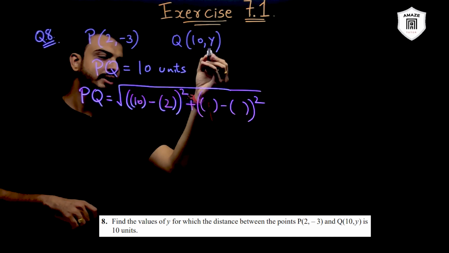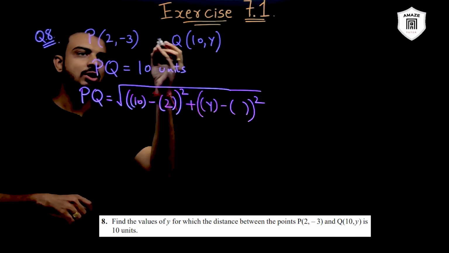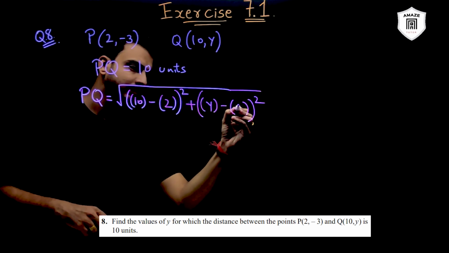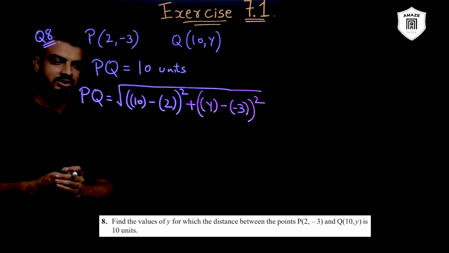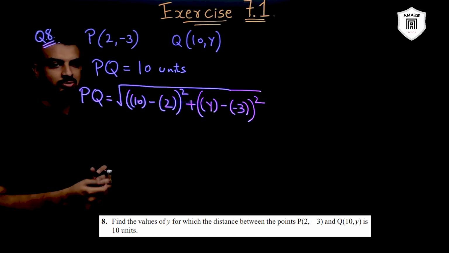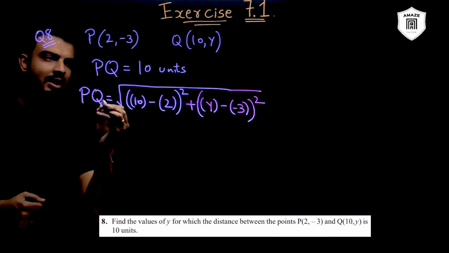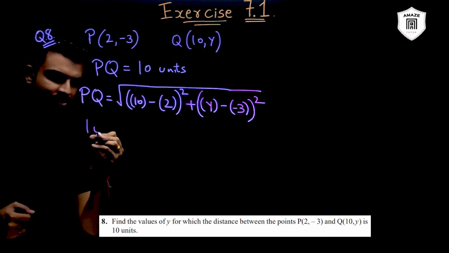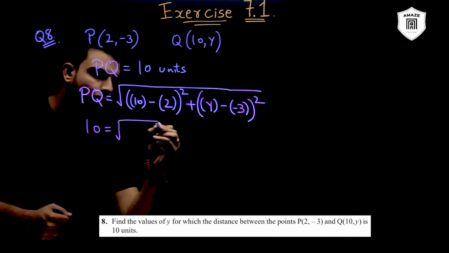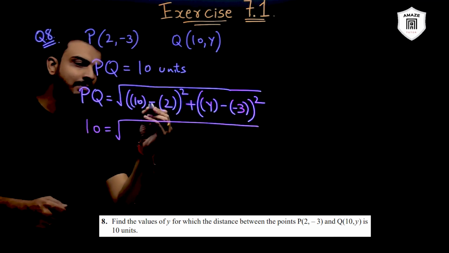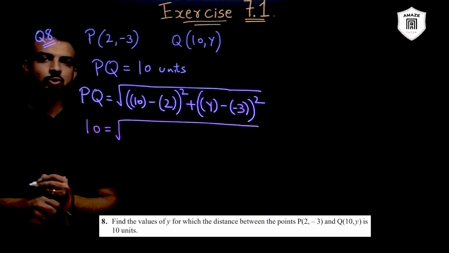What is y2? It's y here in this case. And what is y1? It's minus 3, right? So this is what we can do using distance formula, finding the distance between PQ. But we already have the distance PQ, which is 10 units. So can I substitute this as 10? Yes, I can substitute it. So equals to root of 10 minus 2. 10 minus 2 is what?